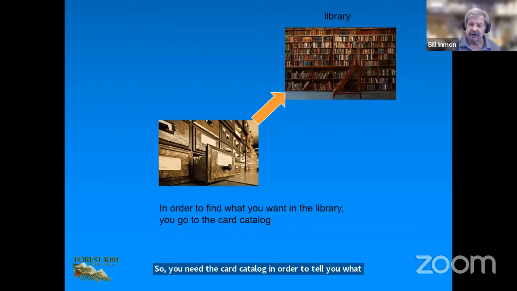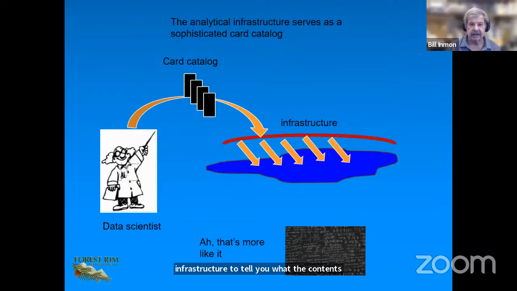And in the same vein, you need the analytical infrastructure to tell you what the contents of the data lake are. So the data scientist needs his or her card catalog, which is really the analytical infrastructure. And once we have that, then the data scientist can start to become a productive person.